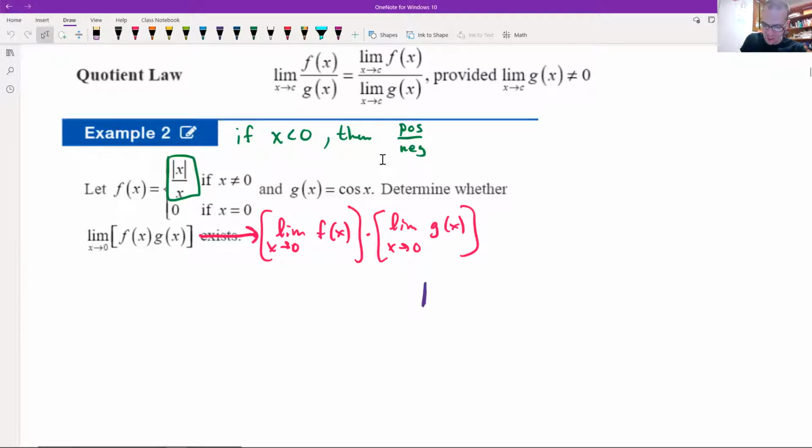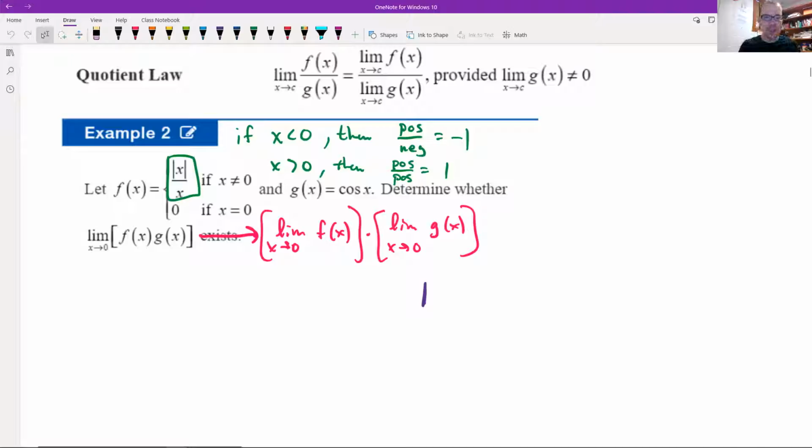We would get -1 overall, because we'd have like +3 over -3, and that's -1. If x is positive, then we would have a positive over a positive, and we would have 1. So the limit from the left here does not match the limit from the right.